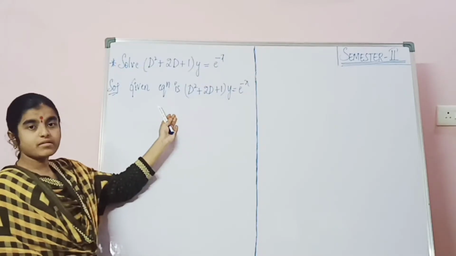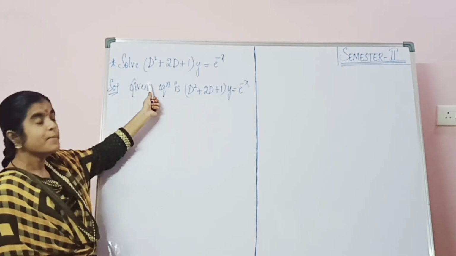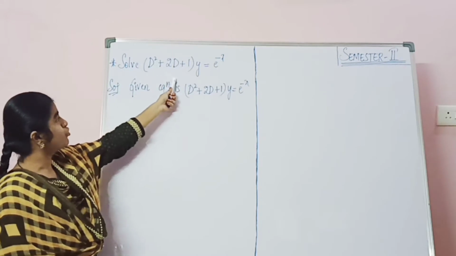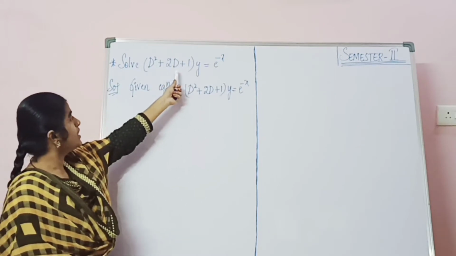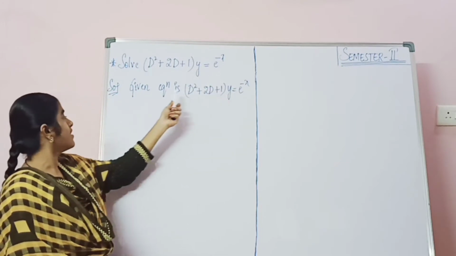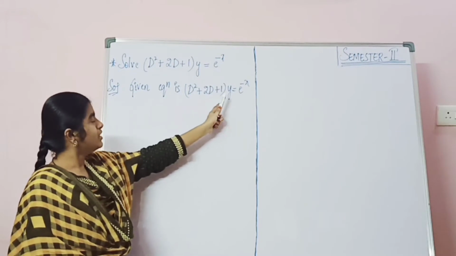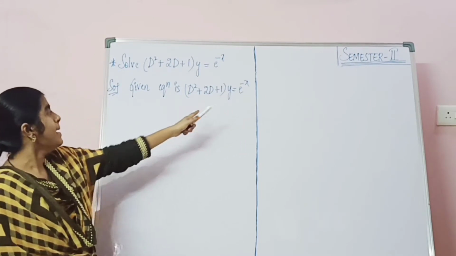Now let us discuss a sum based on case 1, second bit. What is given here? Solve (D square plus 2D plus 1) into y equals e power minus x. Given equation is (D square plus 2D plus 1) y equals e power minus x.